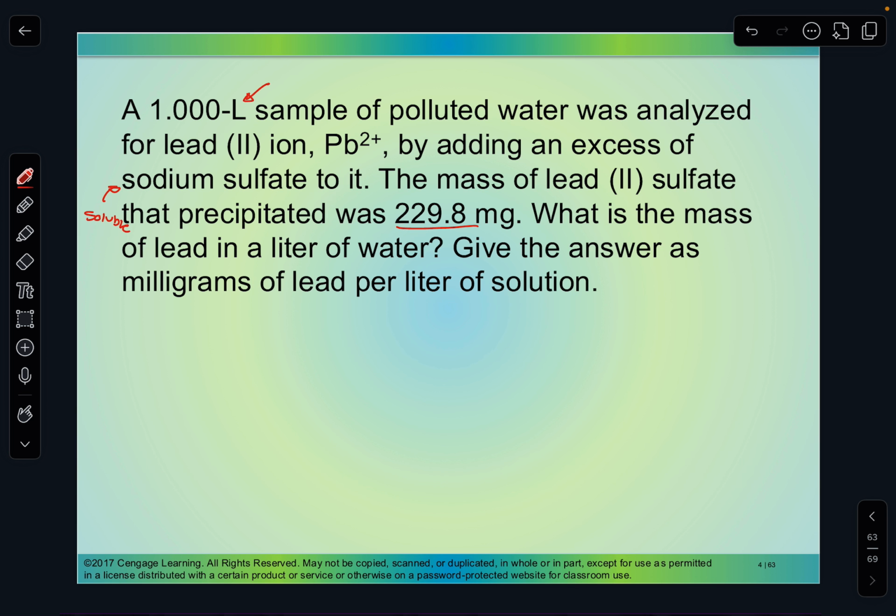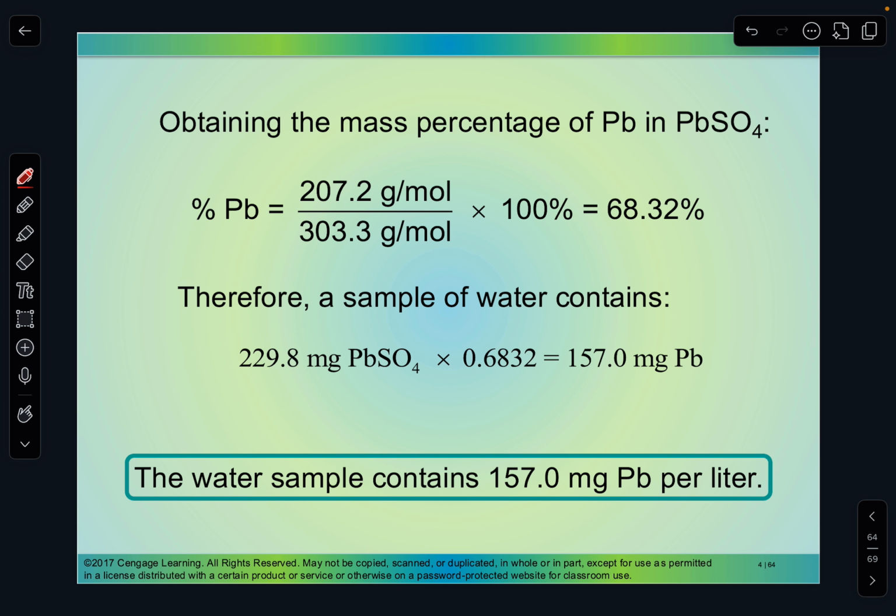Okay, so we want to know how much lead is going to be in this lead sulfate. The first thing that we'll do is take the molar mass of Pb, which is 207.2, and the molar mass of SO4 2 minus.